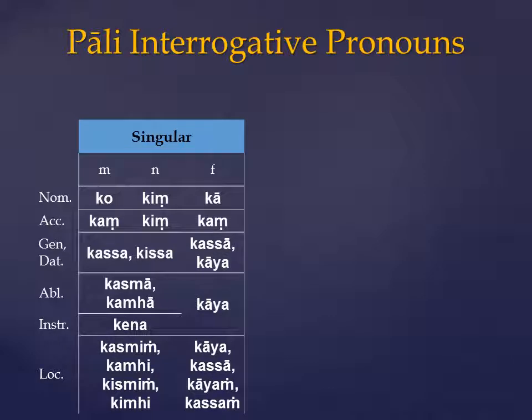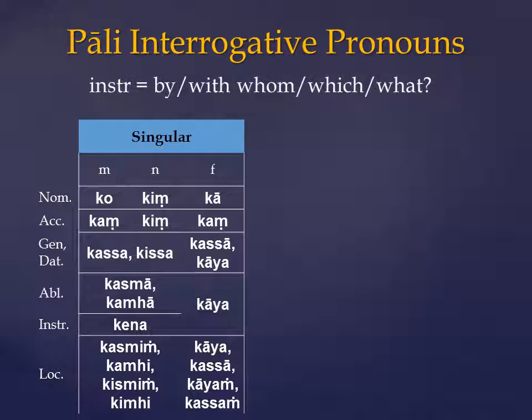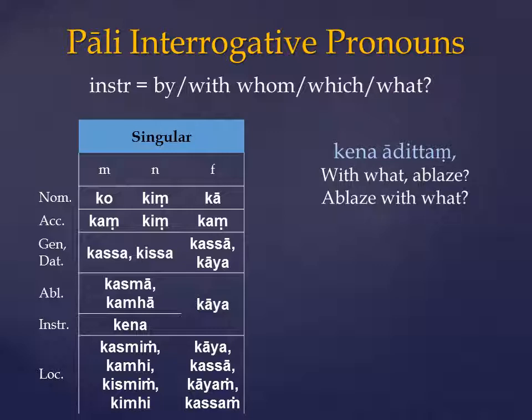Now, I'm not going to go through all the cases, so we'll finish with the instrumental case, which means by or with whom, which or what. Like in the example, kena aditang, meaning with what ablaze, or ablaze with what.